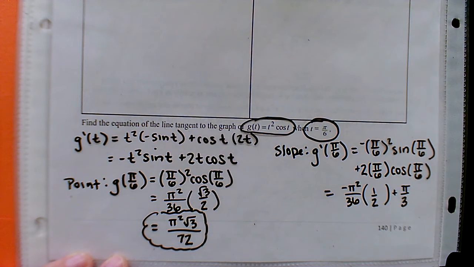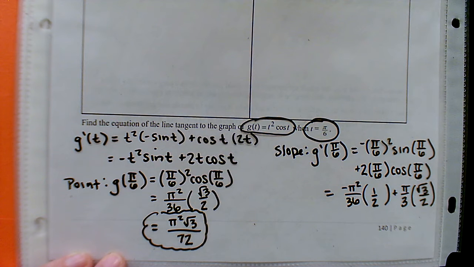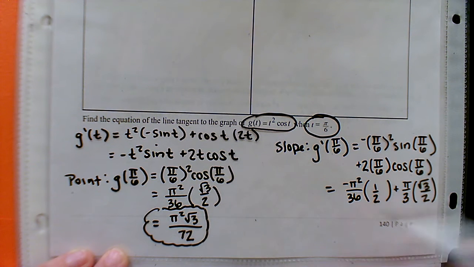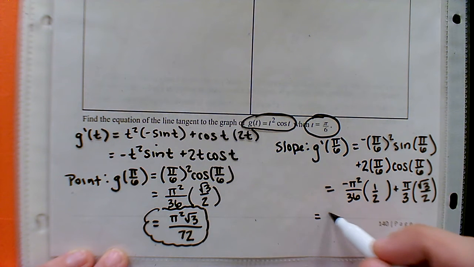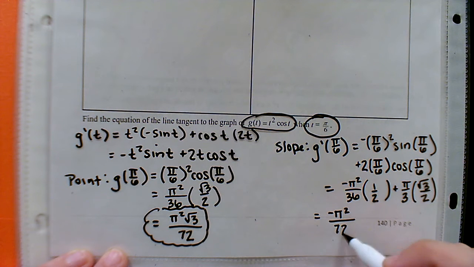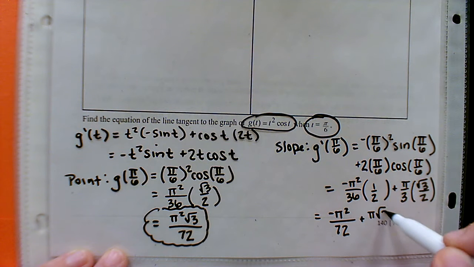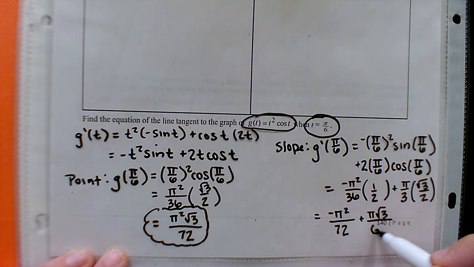The 2 over 6 can simplify. And we already said cosine of pi over 6 was square root of 3 over 2. So it looks like the slope value is negative pi squared over 72 plus pi square root of 3 over 6.